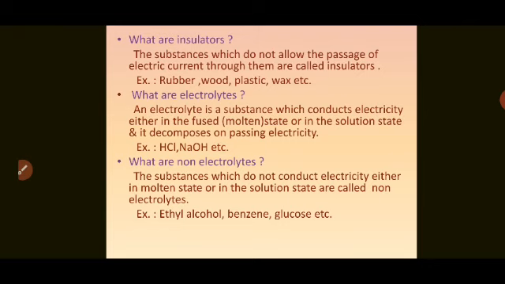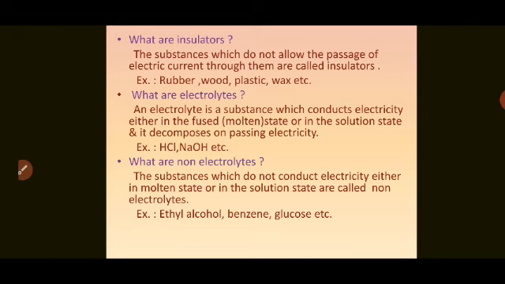What are electrolytes? An electrolyte is a substance which conducts electricity either in fused state. Fused means molten, as when a solid substance is heated and it comes in liquid form, that is called molten. And whenever it is dissolved in water, it is called an aqueous solution.